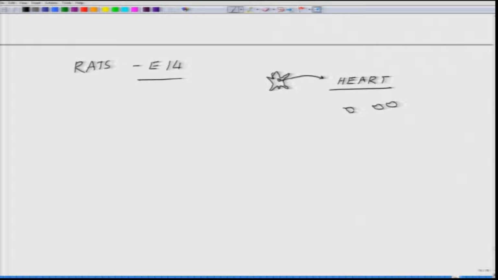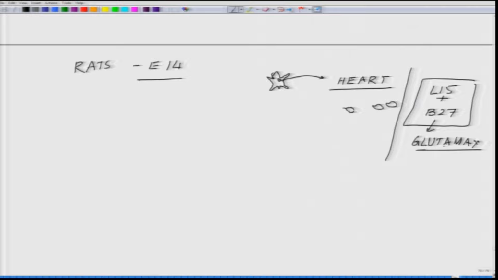The best way is to isolate them in a medium called L15. You could supplement L15 with something called B27 and Glutamax. I will give you the papers, you can look at it. Glutamax is basically a dipeptide of glutamine, which is a far more stable compound.